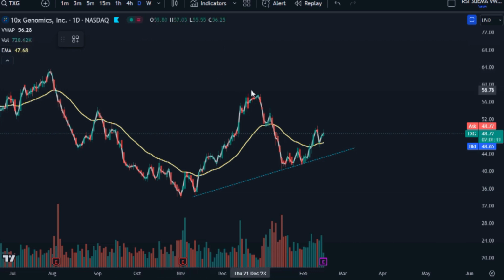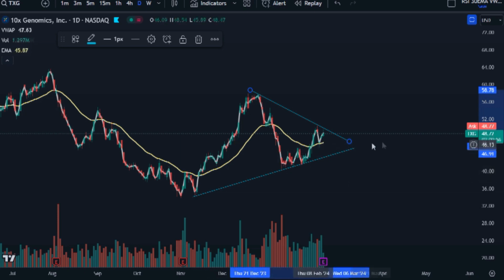Now looking at the top, we can also see that there's a trend line. If we draw it touching the top there and touching these 2 points, this is what we call an asymmetric pattern. And it's neither pointing up or down in its slope. It's actually in the middle, so it could go up or it could go down.